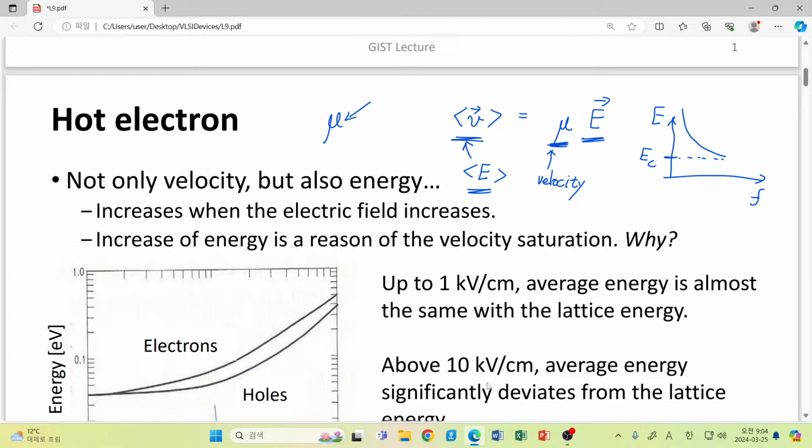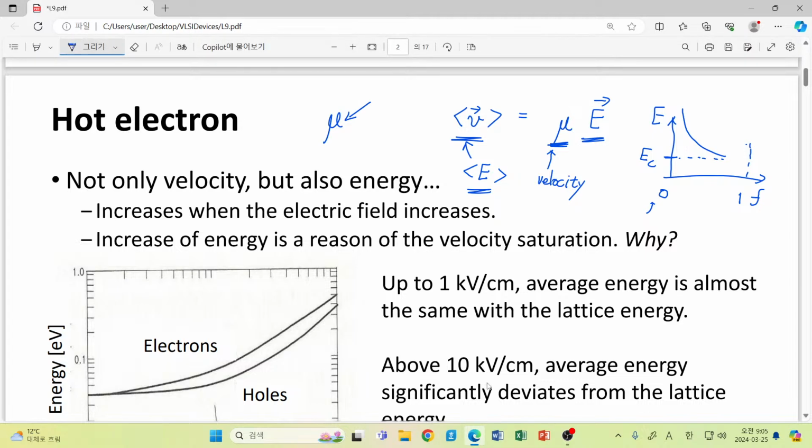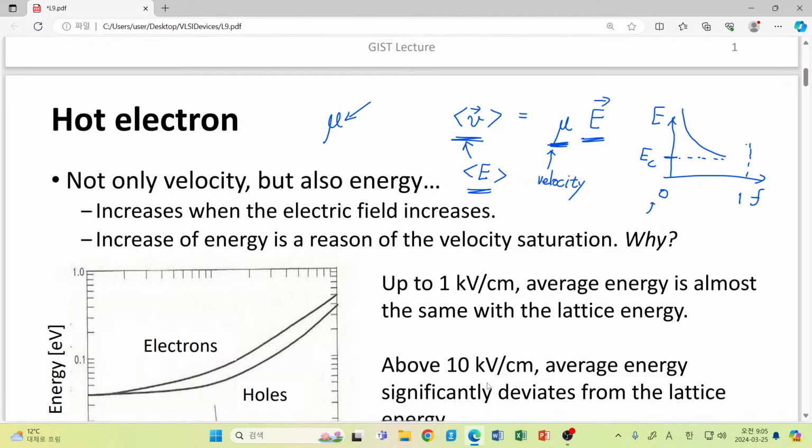It is between 0 and 1, where 1 means the state is completely filled by electrons, and 0 means the state is completely empty. At equilibrium, the distribution function always shows this exponentially decaying behavior.